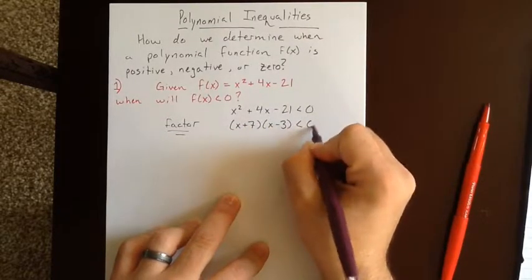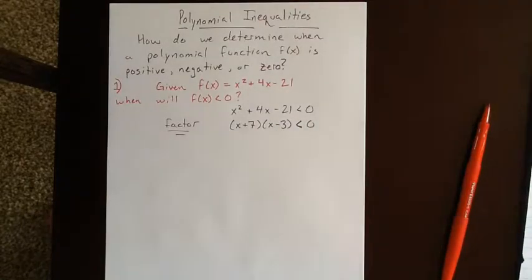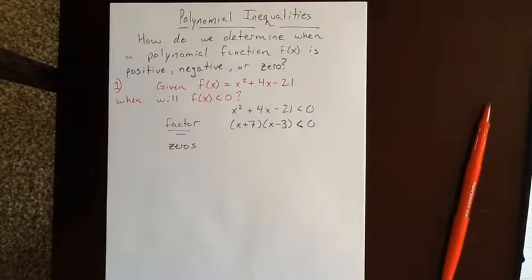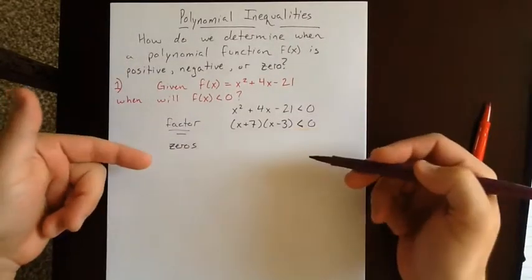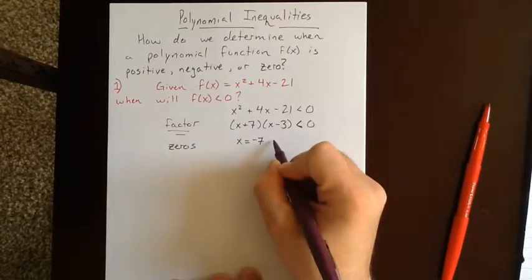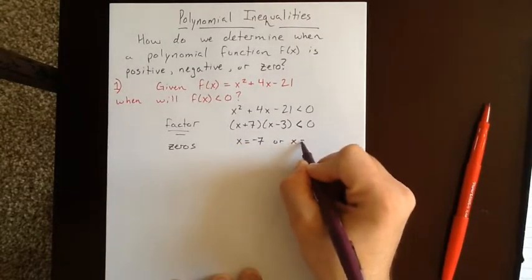The reason for finding the factors is that we need to know the zeros of the polynomial. The factors show us the zeros, so the zeros are negative 7 and positive 3.